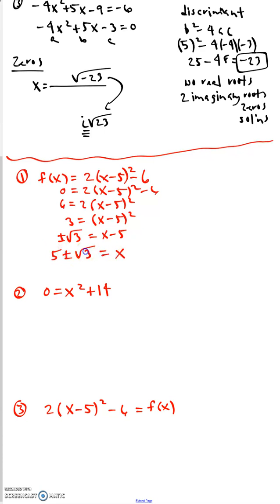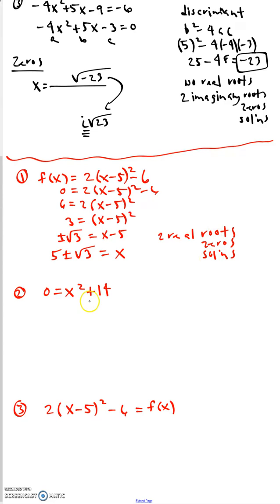So we can see that these solutions, 5 plus radical 3, 5 minus radical 3, those are numbers we can actually plot on the x-axis. So that means we have 2 real roots, or 2 real zeros, or 2 real solutions. Again, those 3 words are interchangeable for us.